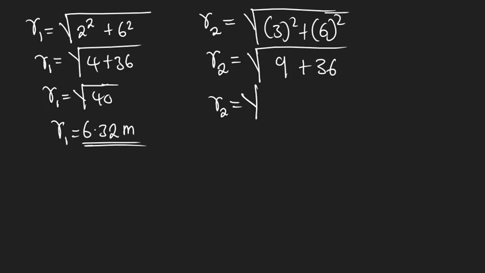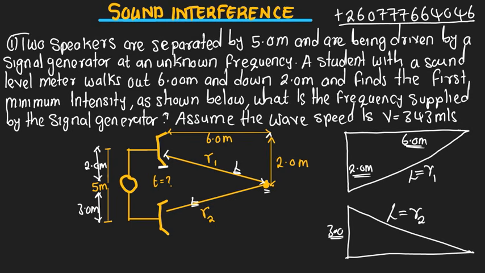So 9 plus 36 is going to be 45. Okay? Then you find the root of 45, you're getting like 6.708 meters.